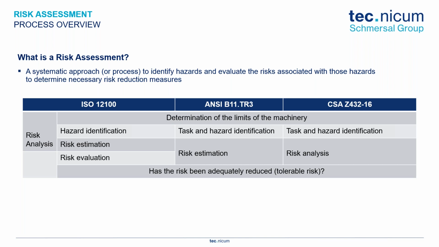Now ISO 12100, they break it up into risk estimation and risk evaluation, where again, we quantify it and then we say, okay, based off this quantification, where are we? And ANSI B11 TR3 and Z432, they have those two steps combined as one, as risk estimation or risk analysis. All right, we'll get into an example in just a second.